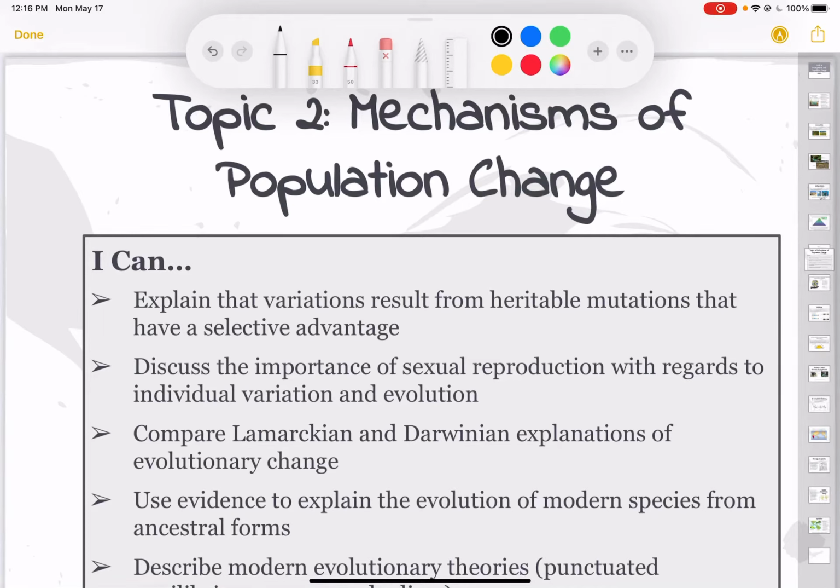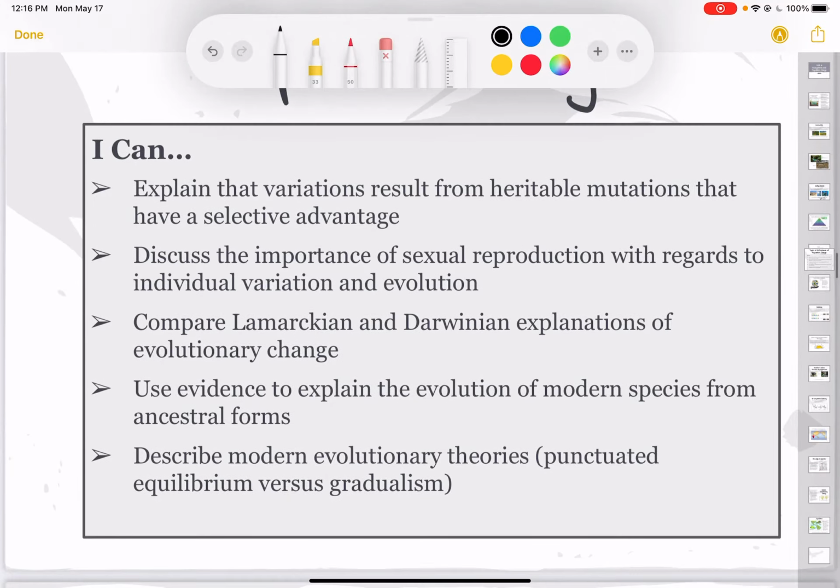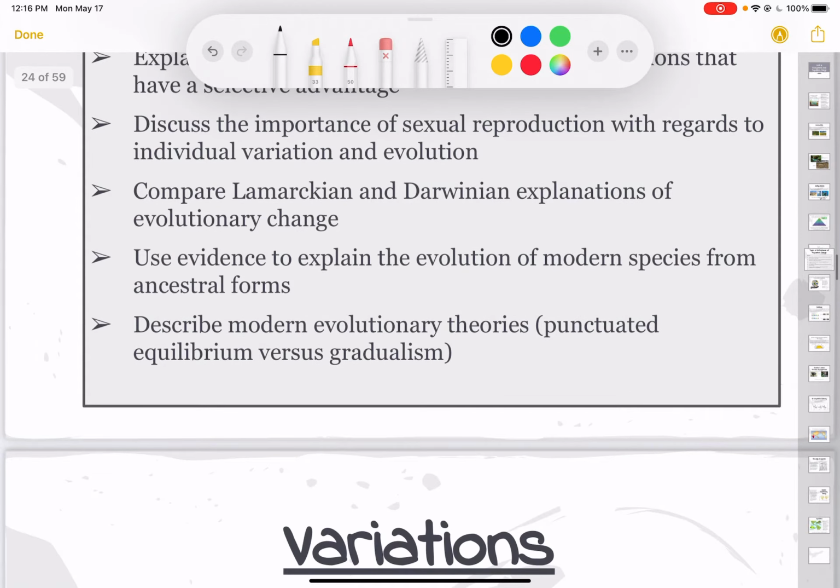This is our topic 2 in our second unit in Bio 20, and it's on mechanisms of population change. So these are the things that by the end of this section you should know: explain the variations that result from heritable mutations that have selective advantage, discuss the importance of sexual reproduction with regards to individual variation and evolution, compare Lamarckian and Darwinian explanations of evolutionary change, use evidence to explain the evolution of modern species from ancestral forms, and then describe modern evolutionary theories like punctuated equilibrium and gradualism.